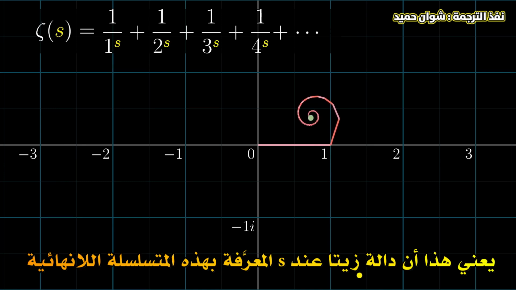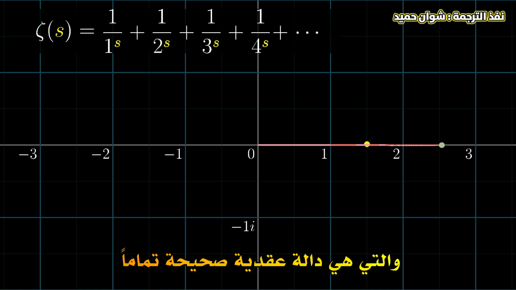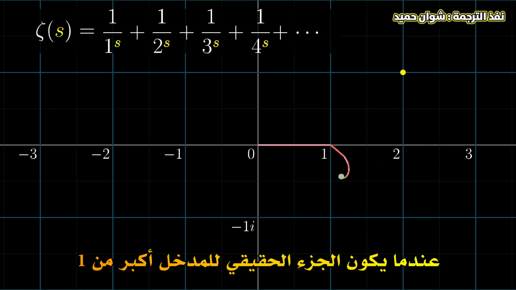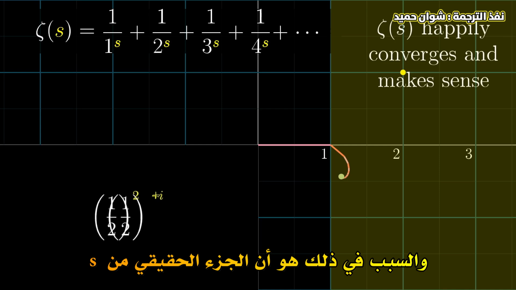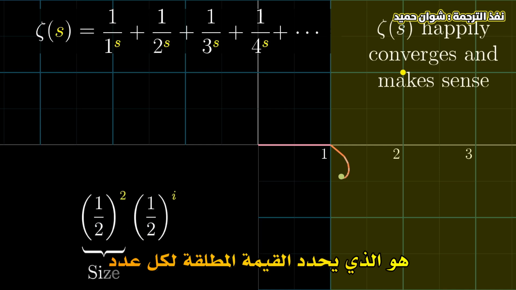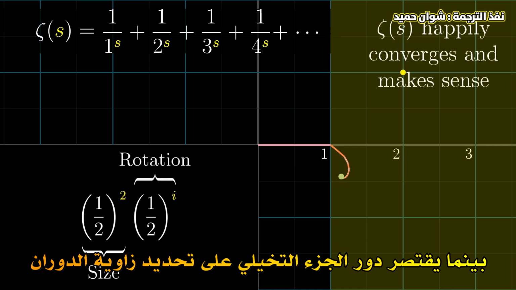What this means is that zeta of s, defined as this infinite sum, is a perfectly reasonable complex function as long as the real part of the input is greater than 1, meaning the input s sits somewhere on this right half of the complex plane. Again, this is because it's the real part of s that determines the size of each number, while the imaginary part just dictates some rotation.